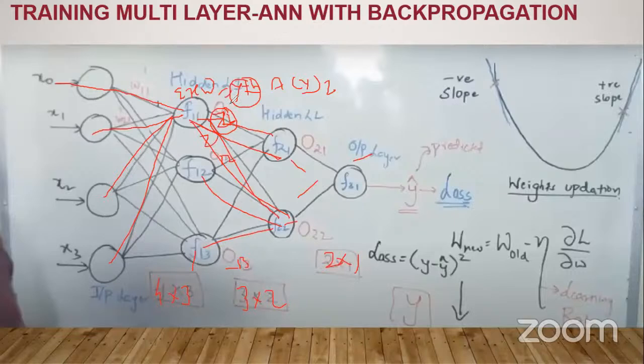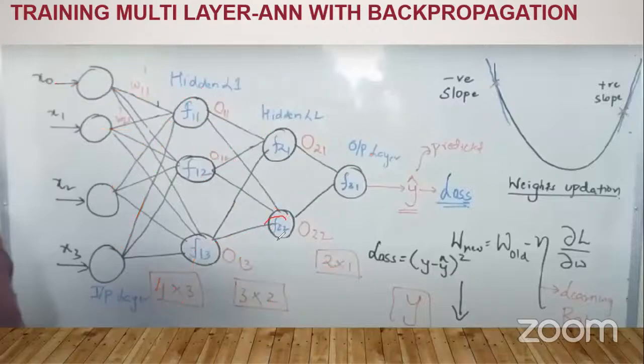Only one input is there. Let me clarify. For F22, we are getting multiple inputs, right? From here, from here, and from here, we are getting three.